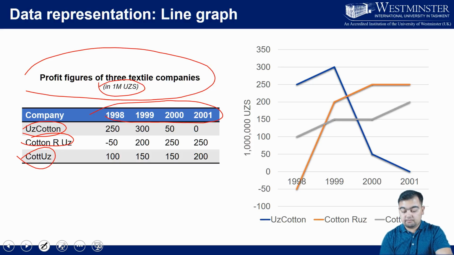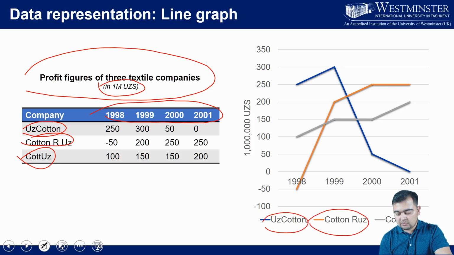Now, basically, the best way to represent this particular table is simply to construct a line graph. Here you assign three different colors, or if you want, three different lines, like dashed or dotted lines, right? Then we plot the actual data points.